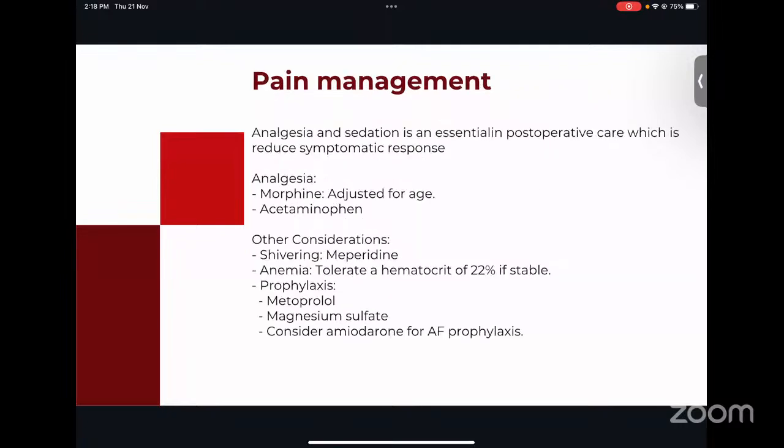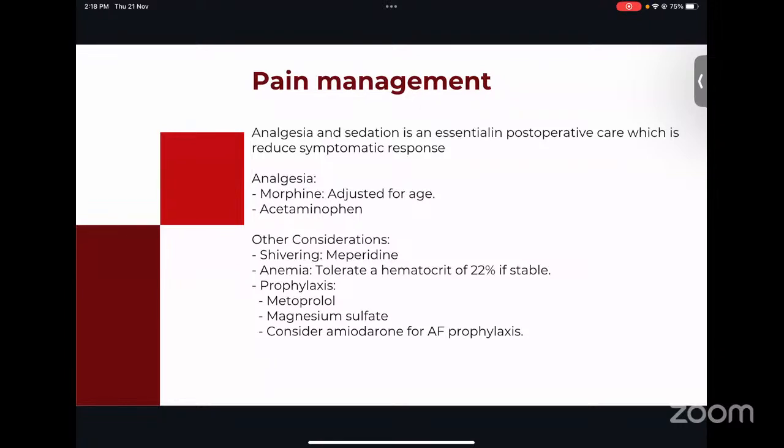Pain management will be by analgesia and sedation if it is not given during operation, which reduces the sympathetic response, a risk for myocardial ischemia and arrhythmia, and improves the patient's respiratory effort, mobilization, and physical rehabilitation after the surgery. We will give analgesia such as morphine in small bolus or infusion depending on the age of the patient.